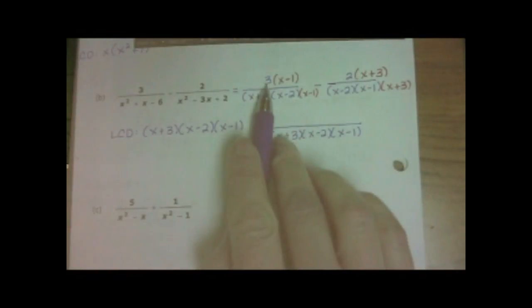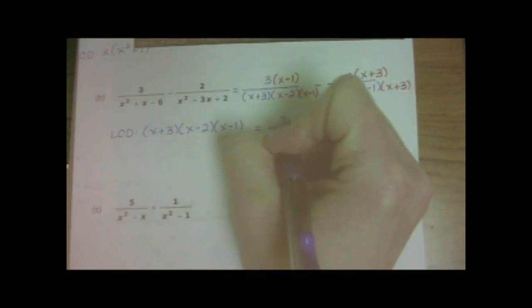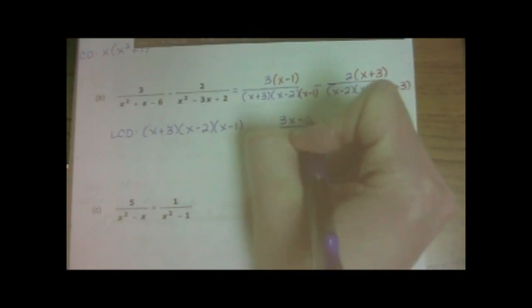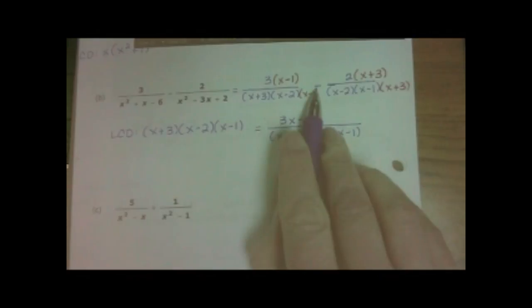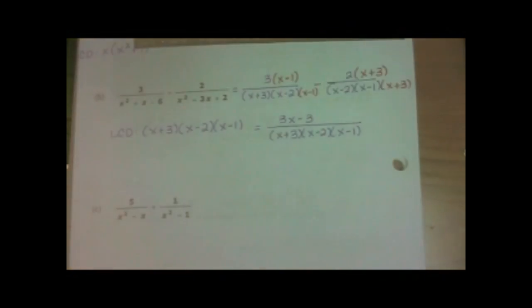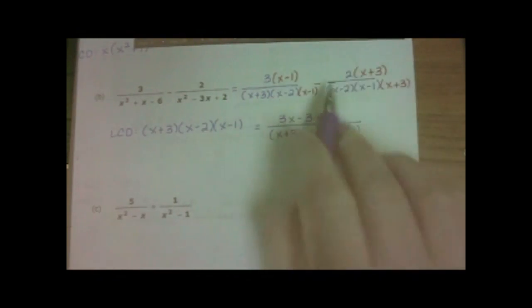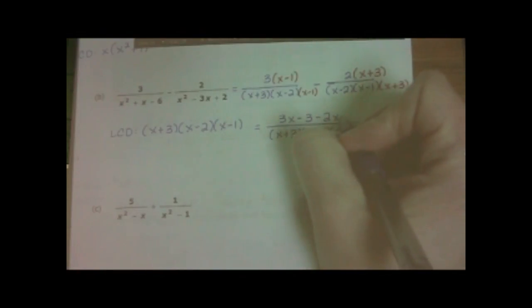So first of all, I've got 3x minus 3. When I distribute, notice something. I'm distributing a -2. So this is minus 2x, and then minus 6.